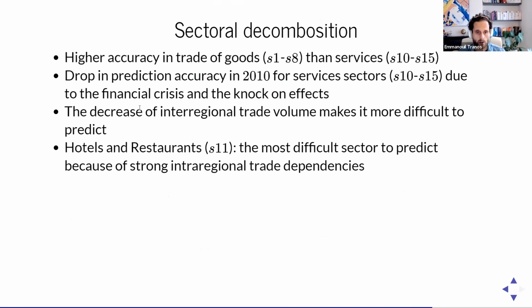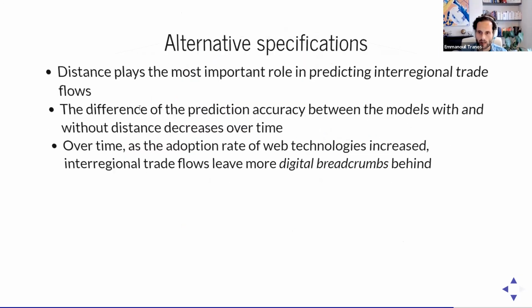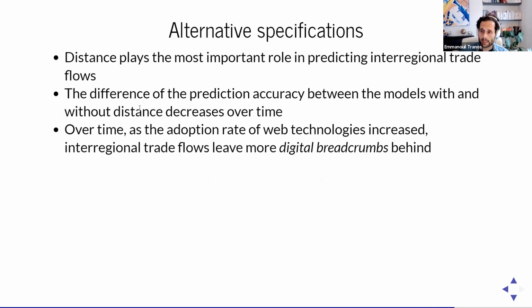Hotels and restaurants was one of the sectors that we cannot easily predict because of the peculiarities of how this sector trades, focusing on very local trade interdependencies. We were able to also test different specifications, which highlighted, of course, the important role that distance plays in predicting trade.